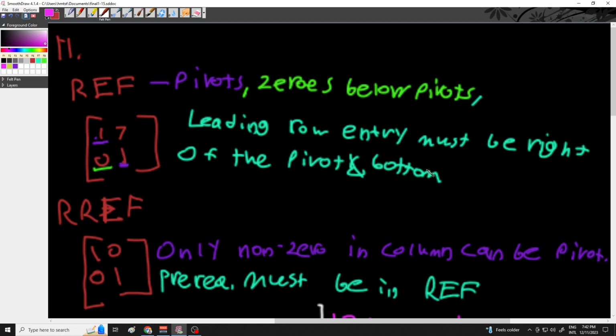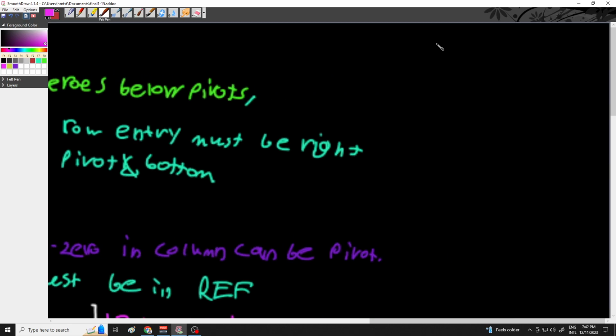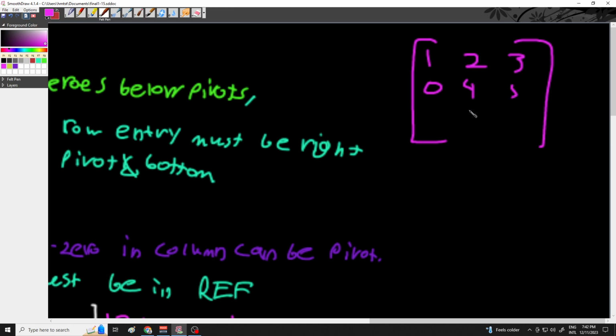So essentially what that means is, if I were to draw out a matrix, and it'd be like 1, 2, 3, 5, 6, it needs to be down and to the right. That's where the next entry needs to be. And these are essentially called pivots. And these are what you use to achieve the row echelon formation.